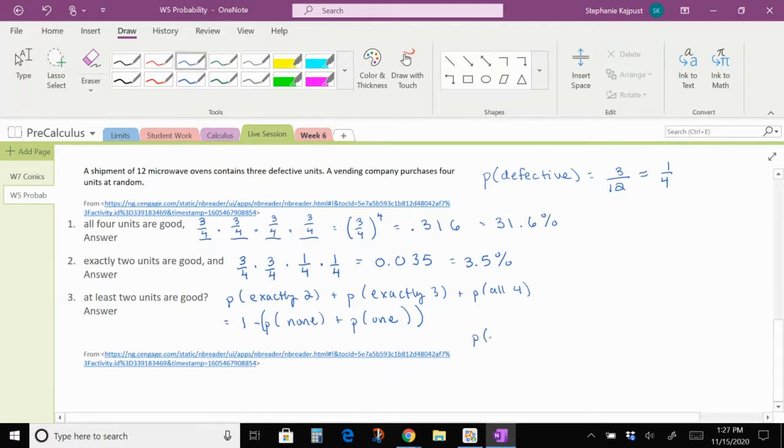Let's see. And we're looking at our goods. So 3/4 and then 1/4 would be bad.